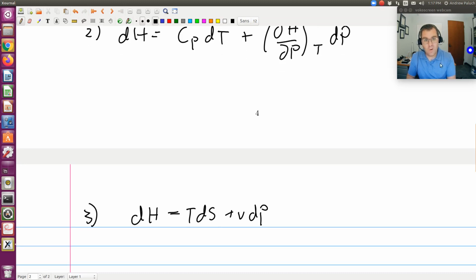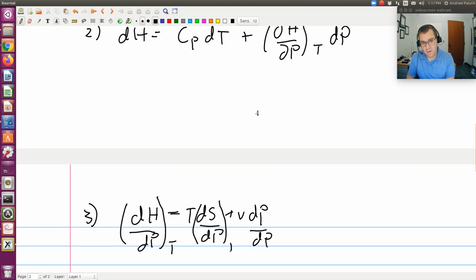Now I want (∂H/∂P) at constant T. So I'm going to go through and divide my differentials by dP. I can only differentiate with respect to one variable at a time, so I need to fix a second. Here I'm going to fix T, and then in theory all my differentials become curly.